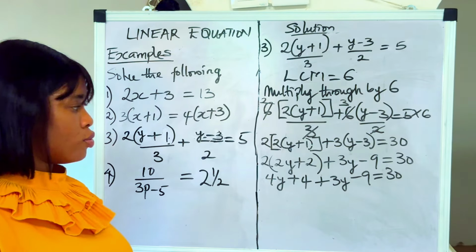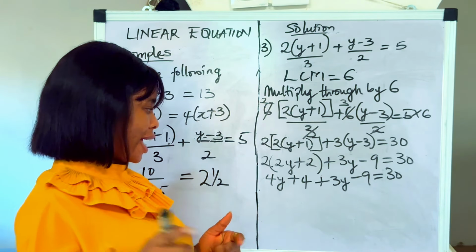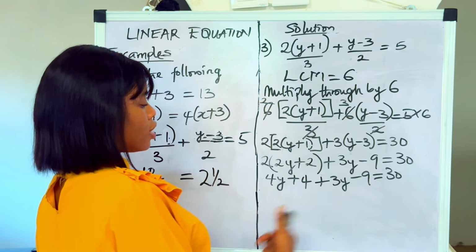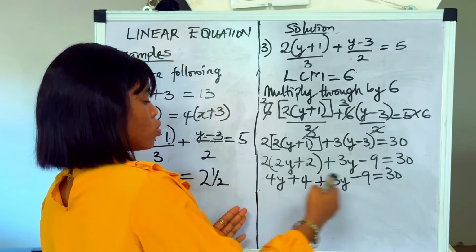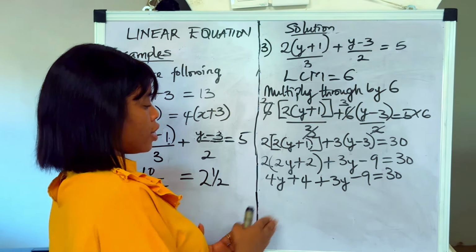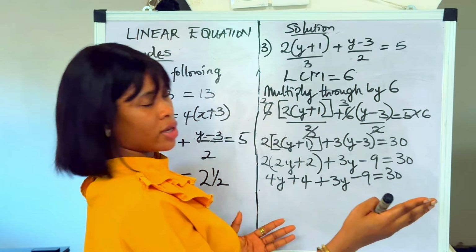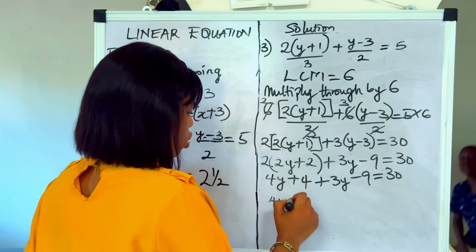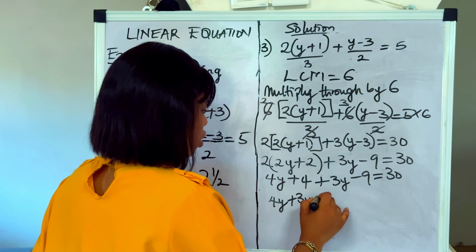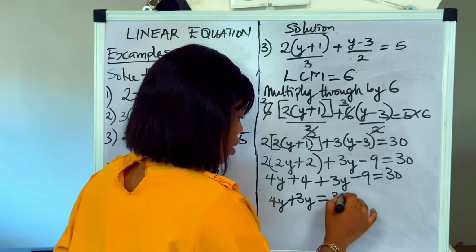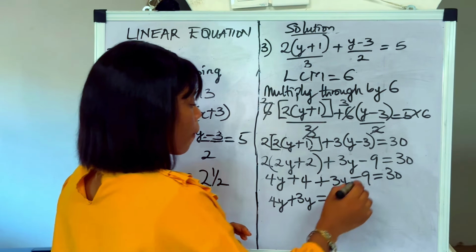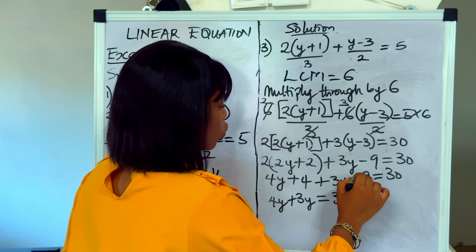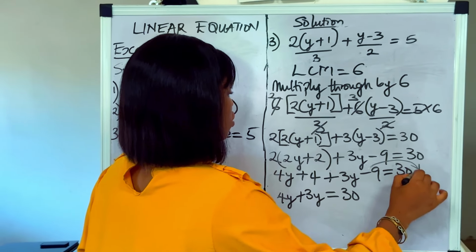The next thing to do is to do what? Collect like terms. Collecting like terms, those with y, we put them together. Without y, carry them over to the other side. So we have 4y plus 3y equals 30. Now, we'll move minus 9 over to this side.